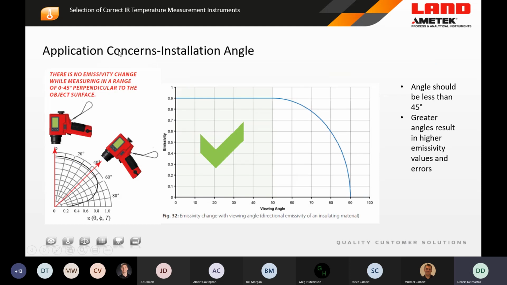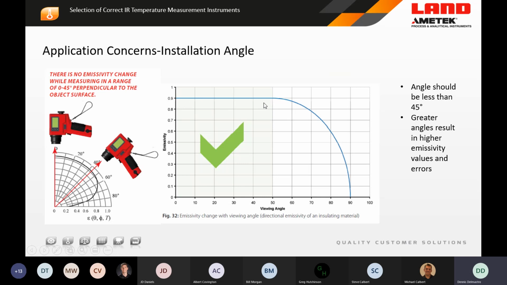In terms of angles, whether this is a portable system or a fixed system, we typically are normal to the surface. Now it can be at an angle, but typically what you want to do is keep that pyrometer less than 50 degrees to normal. What this is showing here is the emissivity value.